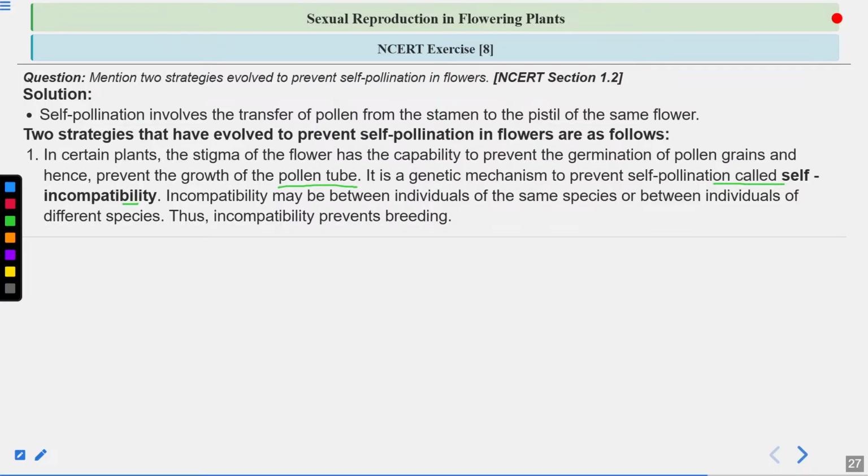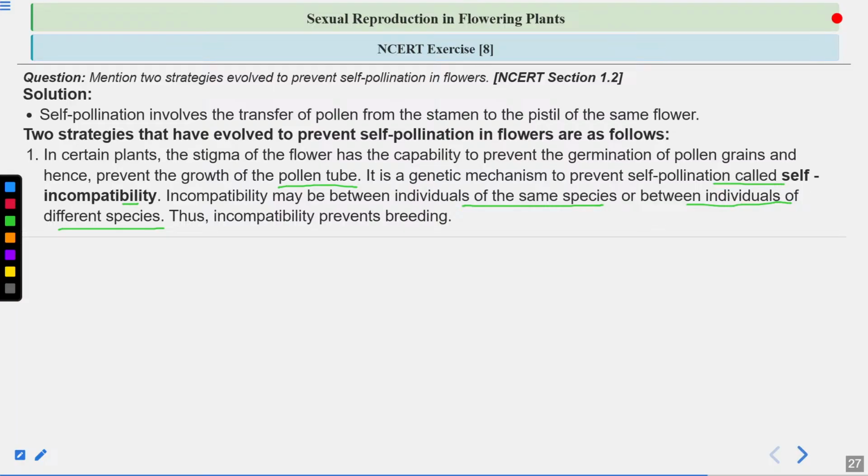Incompatibility may be between individuals of the same species or between individuals of different species. Different species means you have a rose flower and the pollen grain from a sunflower comes on the rose flower. This is incompatible. You have the rose flower with a pistil of S1 and S2 type, and the pollen grain falls on the stigma.